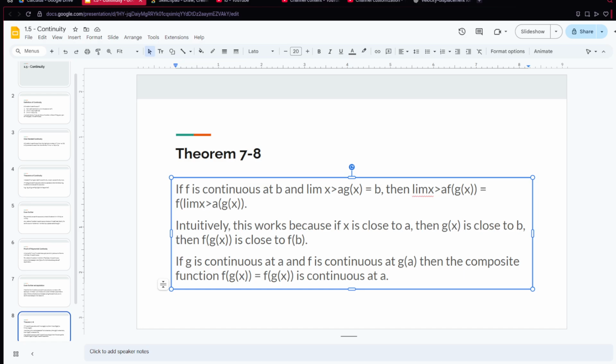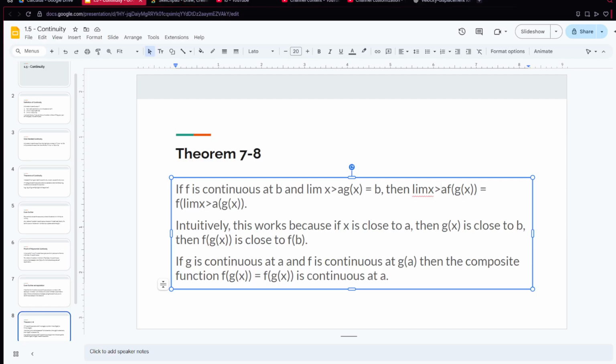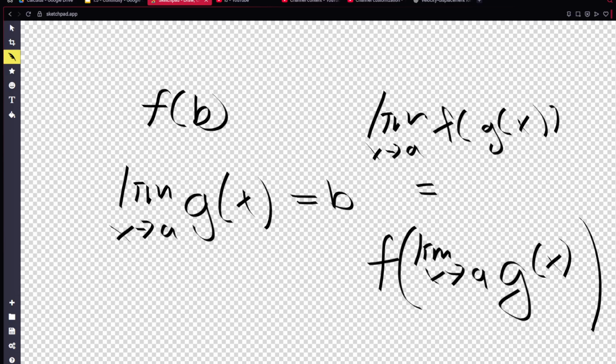So this one is pretty logical. Because simply put, remember that in a composition of functions, the inside function becomes the x value. So f of g of x is just g of x as the input.